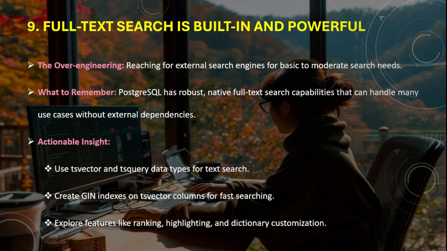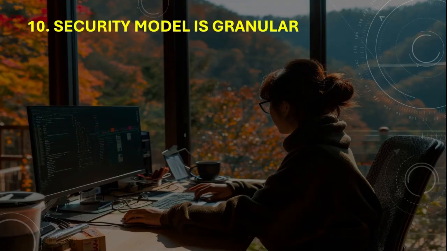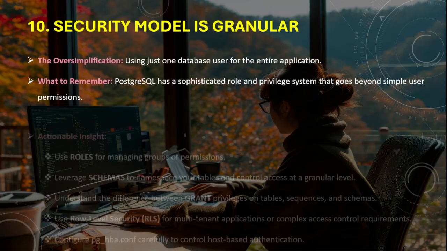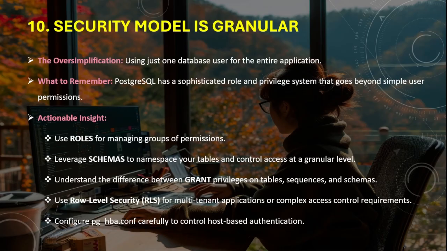And the last thing to note is the security model in Postgres. The security model is granular and sophisticated. For granular control in Postgres, you can use roles to group permissions and leverage schemas to namespace tables and control access to them.